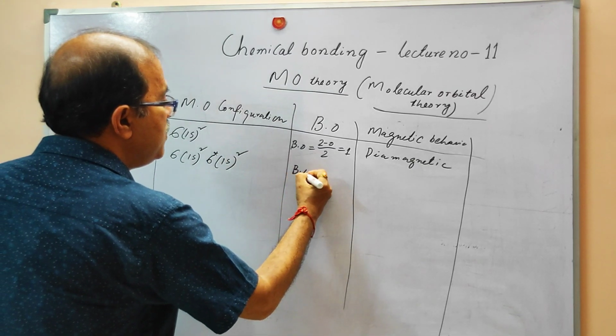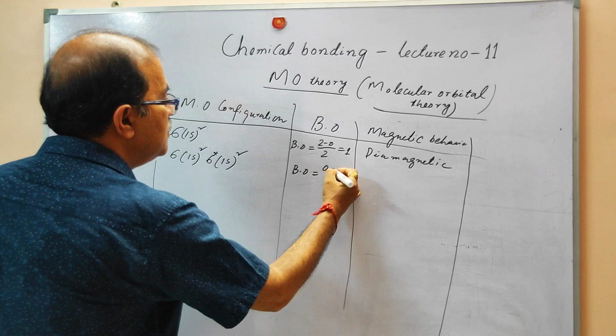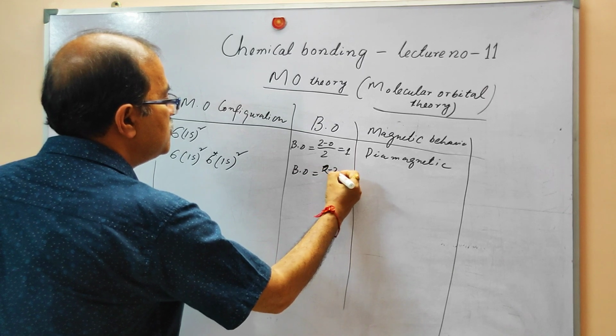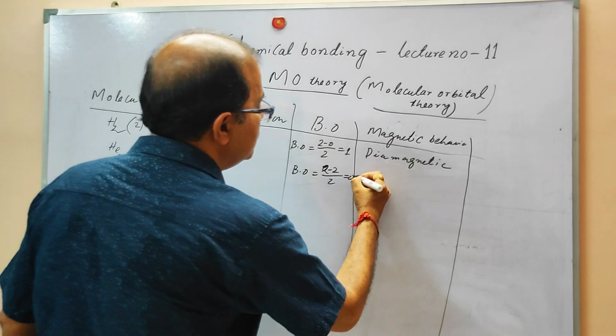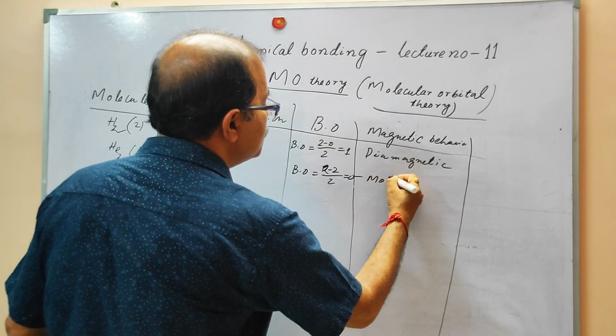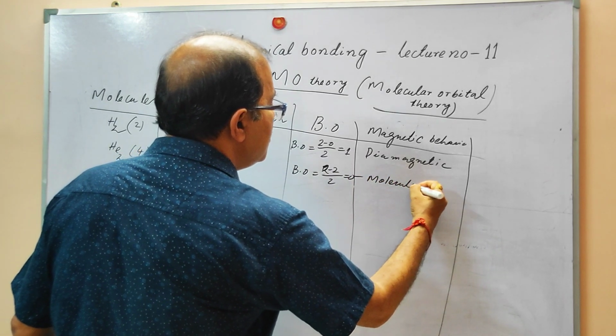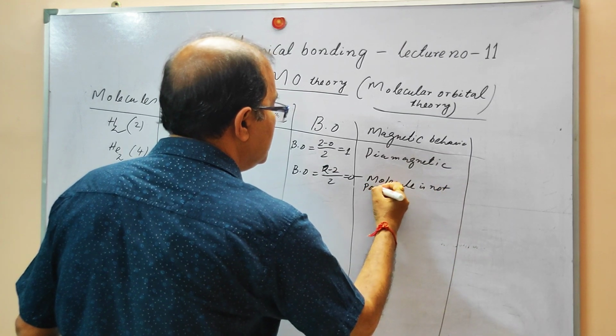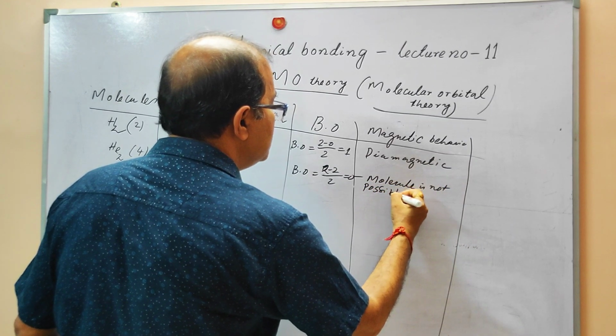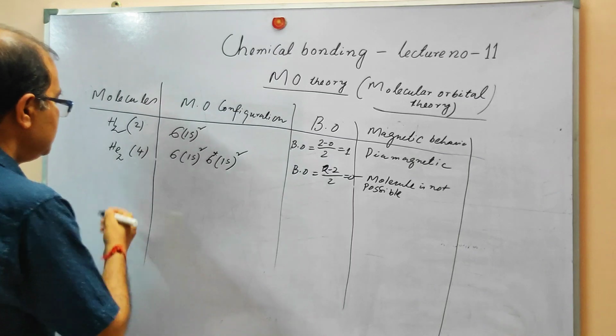So here the bond order will be (2 minus 2) by 2, that will be 0. It means this molecule is not possible, because the bond order is 0.